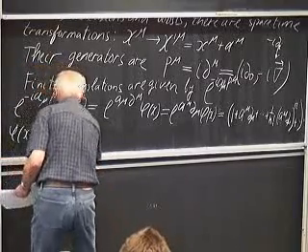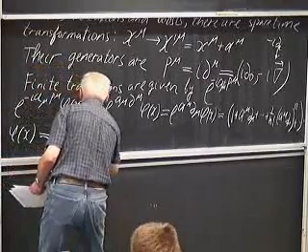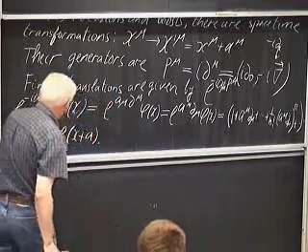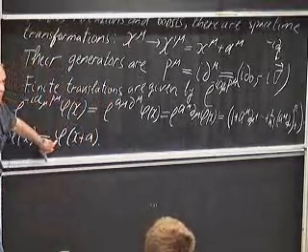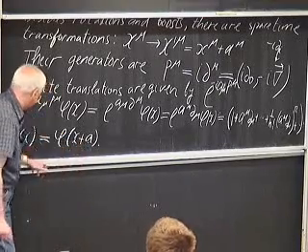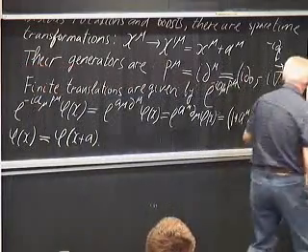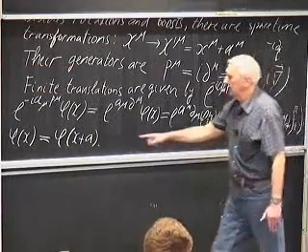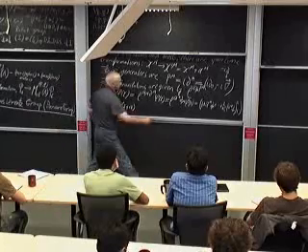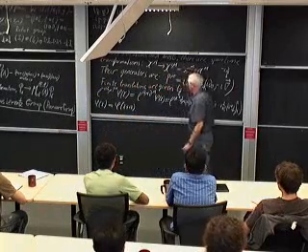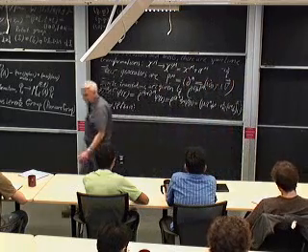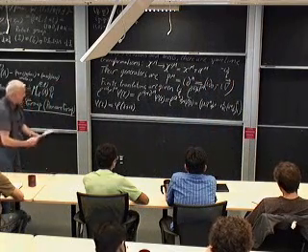And this is nothing else but phi(x plus a), because it's exactly what you get when you consider the Taylor expansion of phi at point a equals 0. So we now know how this operator acts.